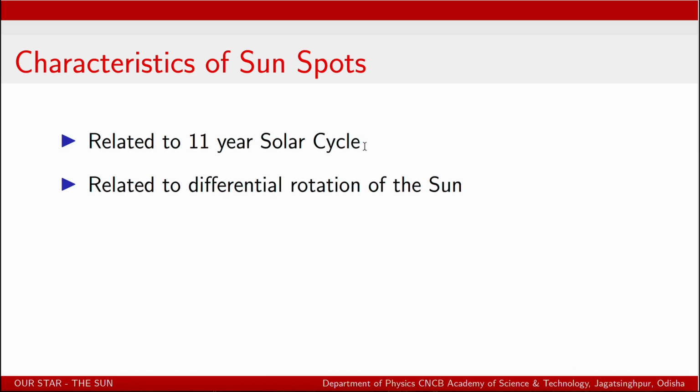So we'll see the solar cycle is related to the differential rotation of the Sun. The Sun is not a solid object, so it rotates differently at different positions. At the equator, the Sun rotates very fast, so it can complete one rotation in say 20 days, whereas near the poles, the rotation is very slow, maybe around 30 days.